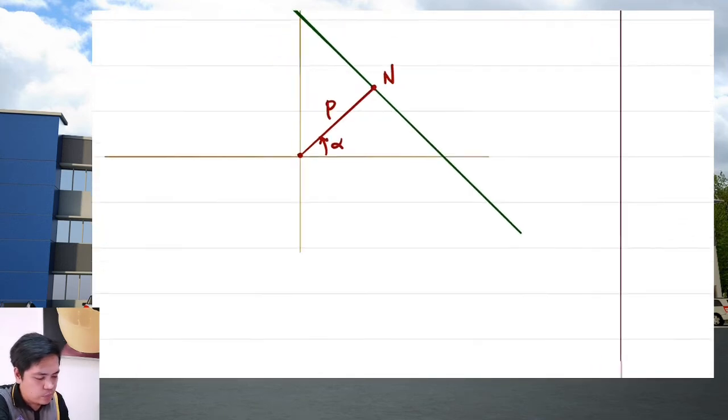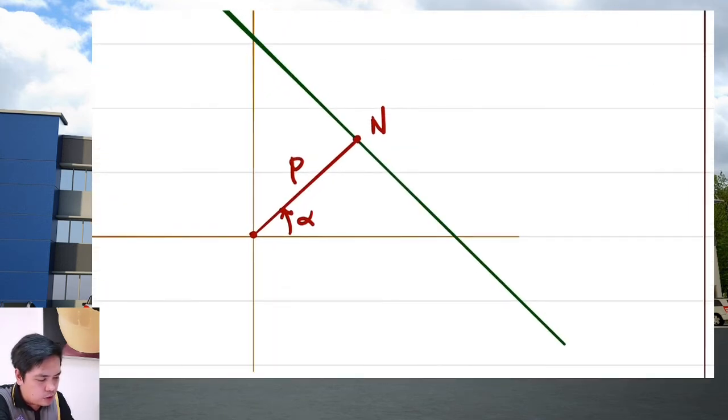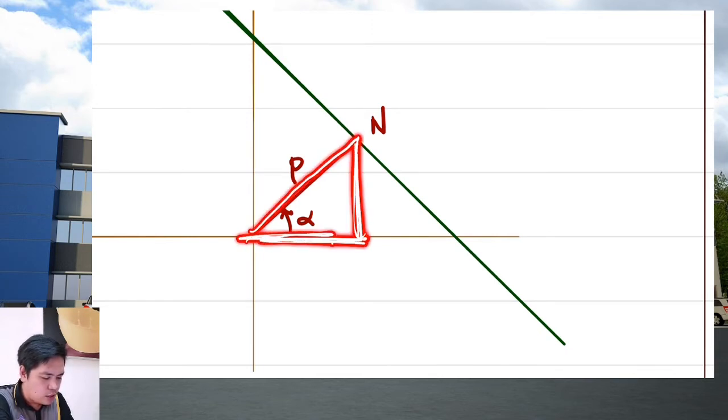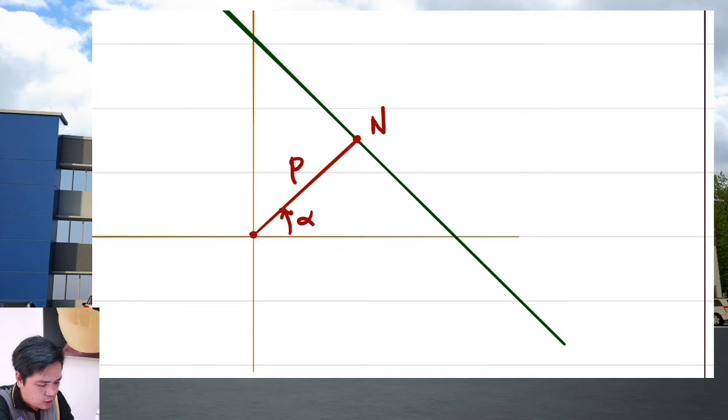Okay? So, from here, we know trigonometry. Tapos na tayo sa trigonometry, we can now get the value of this and this. That would be the coordinates of point N, at the point of intersection or point N. Okay? So if you recall our lesson in trigonometry, if you extend this, this distance is P cosine alpha.